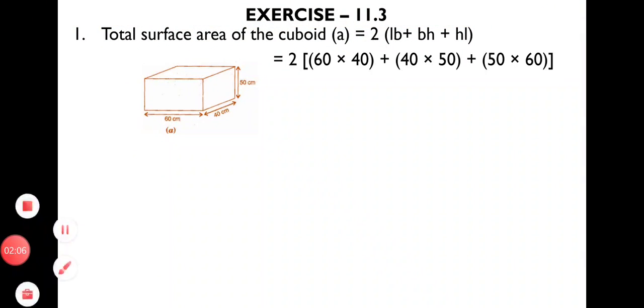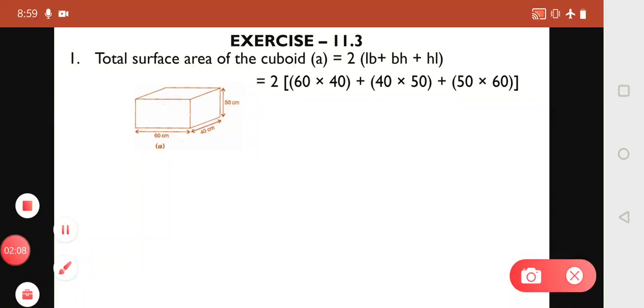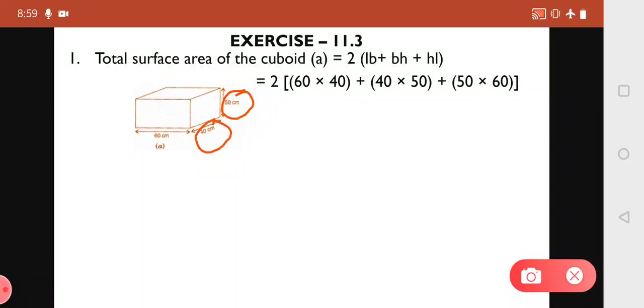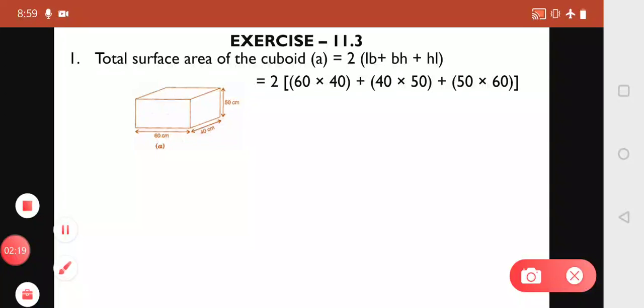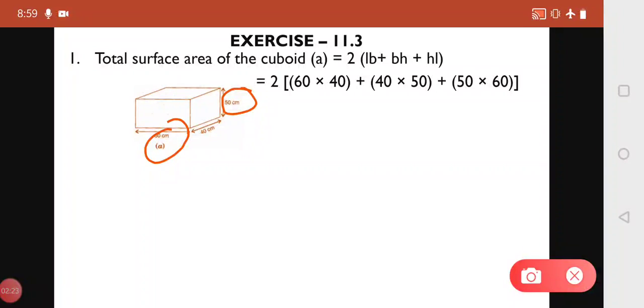Then breadth into height. Again breadth is 40 centimeter and height is 50 centimeter. And then next height into length. Height is 50 centimeter and length is 60 centimeter. So we get twice 60 into 40 plus 40 into 50 plus 50 into 60.